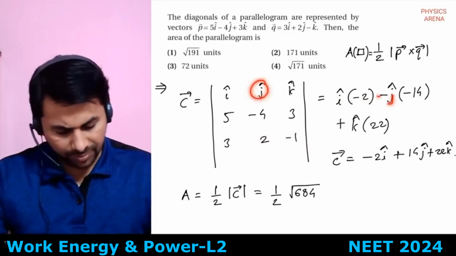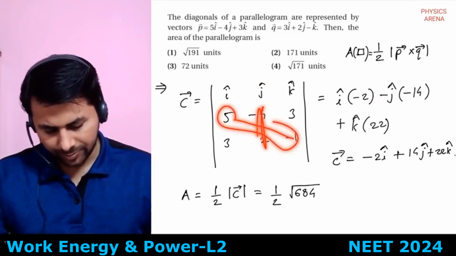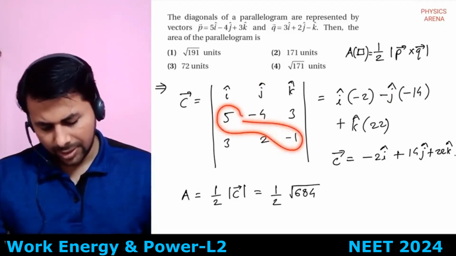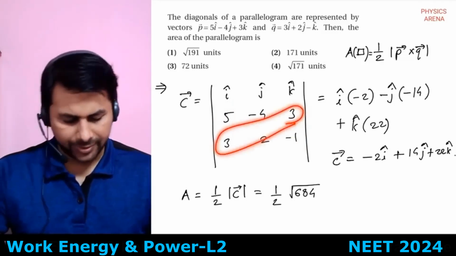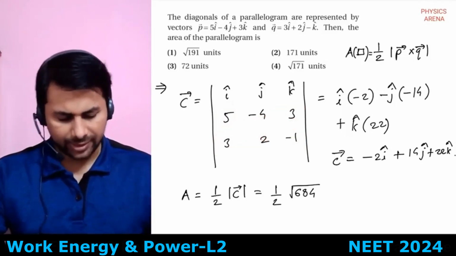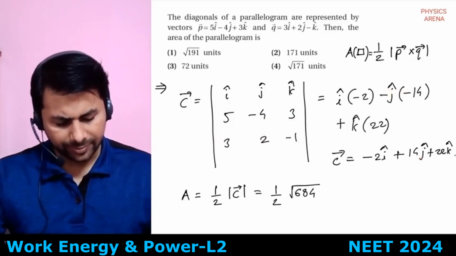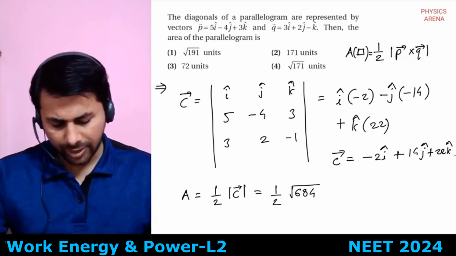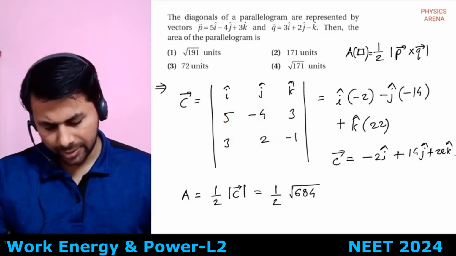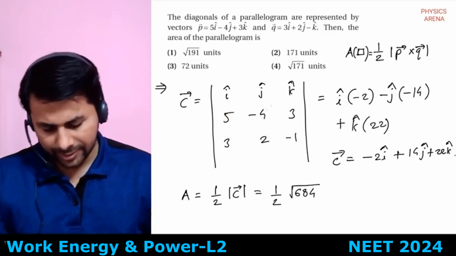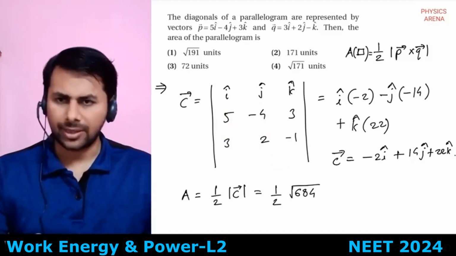Minus j cap times you have minus 5 minus 9. It's minus 14, and minus minus plus 14. And you have 10 minus minus 12, so that's 22. Okay, that is also correct.